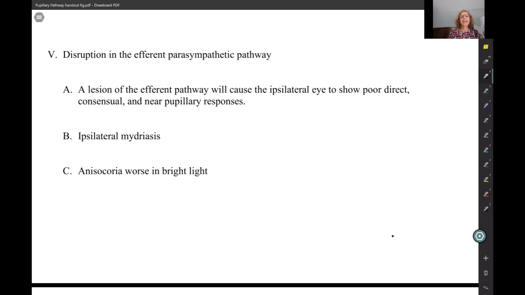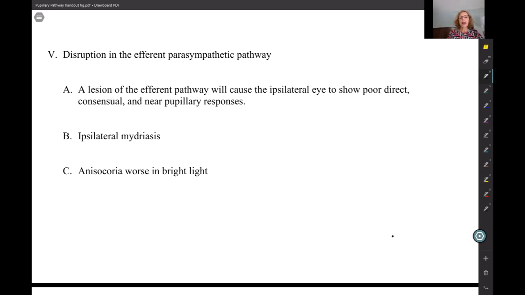A lesion of the efferent pathway will have anisocoria. Specifically, a lesion of the parasympathetic efferent pathway will cause the ipsilateral eye to show a poor direct, consensual, and near pupillary response. So this pupil is not going to react to any stimulus.